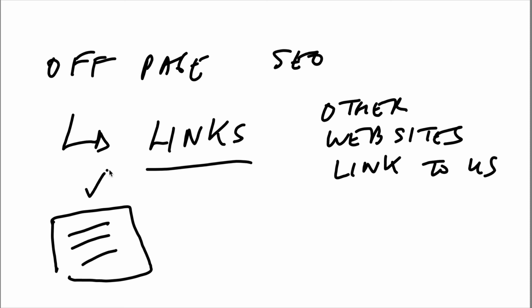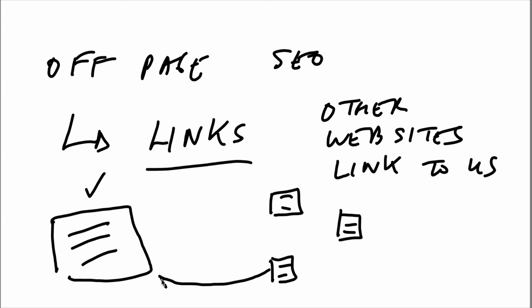So there we've got our on-page SEO done. We've got a checklist, and all our articles and all our pages meet that checklist properly. And then Google is going to see other websites about the stock market referencing us on their pages and linking to our website from their website.